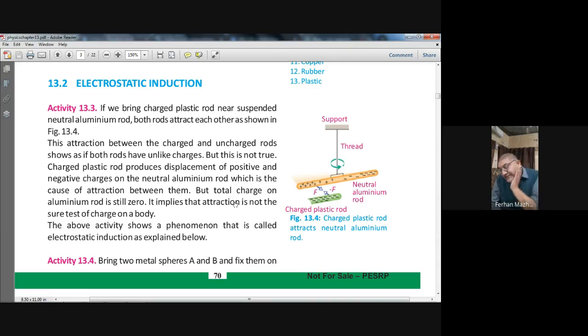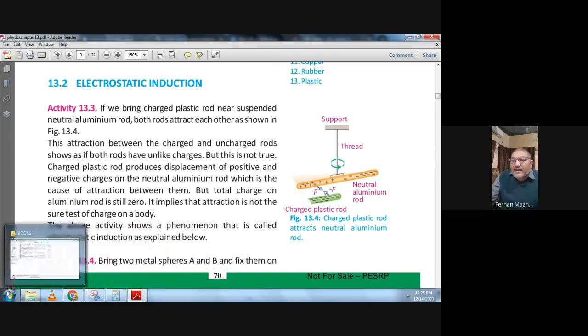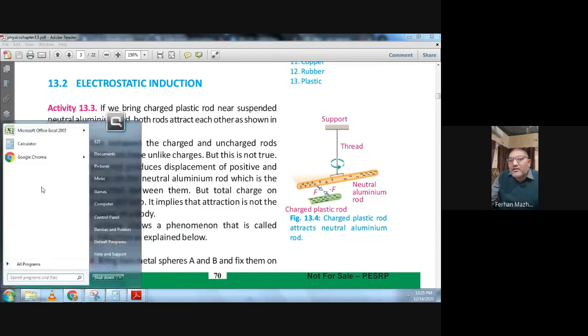Okay, try to understand. If you have a metal rod which is a conductor, it has free electrons, they can flow in its body from one point to another point. If you have a metal rod which is actually neutral and you bring a charged body near it, you see, let me show you this. Let me draw a diagram so I can make it more clear.